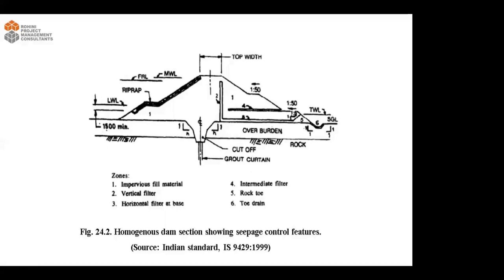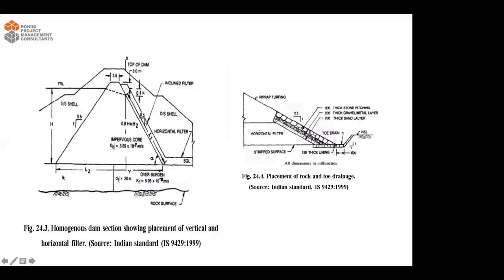So when you are constructing a bund, the basic thing is to follow the IS codes. And in case any design modifications can be done, yes, the consultant is there to advise you on that, right? Now this also can give you much more detail.